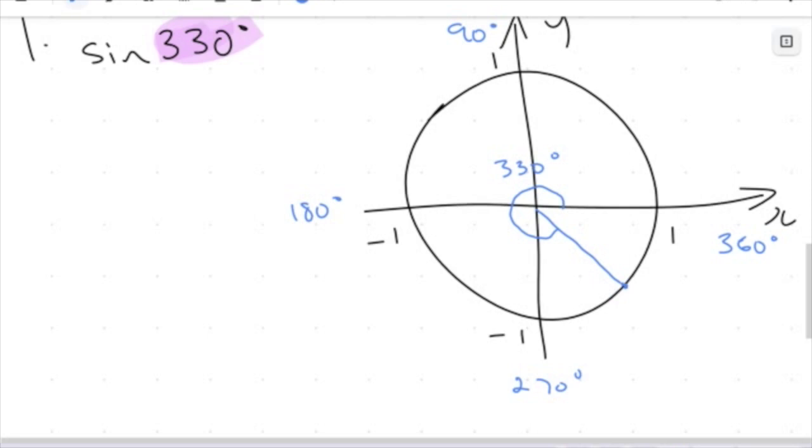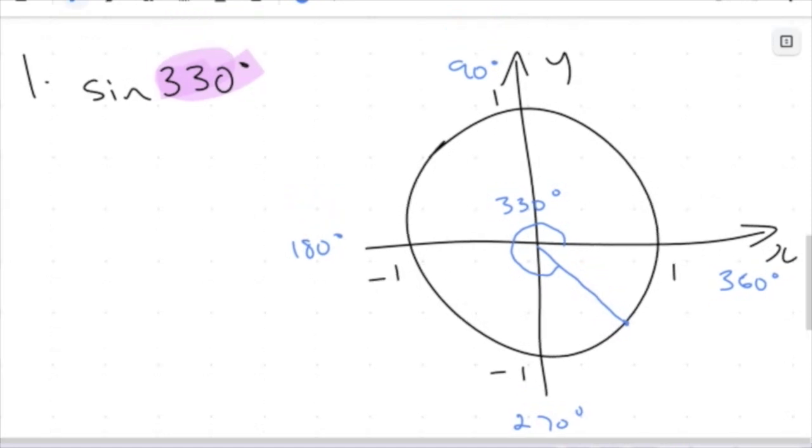And we just want to find here the relevant trig ratio and how it relates to the first quadrant. Because remember, before we talked about the reference angle as relating back to the first quadrant.